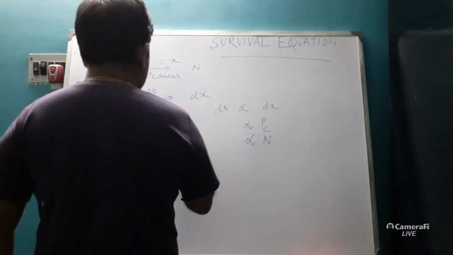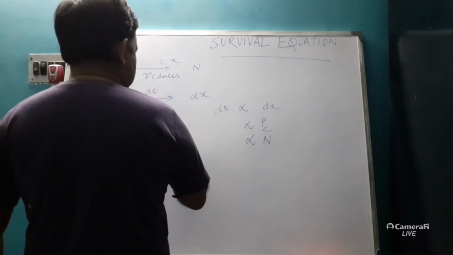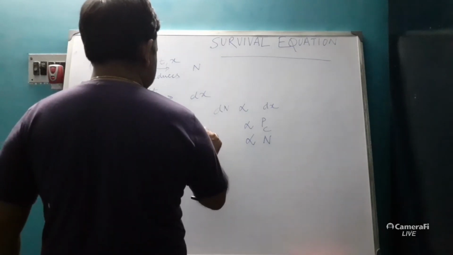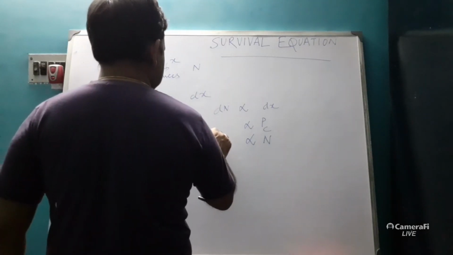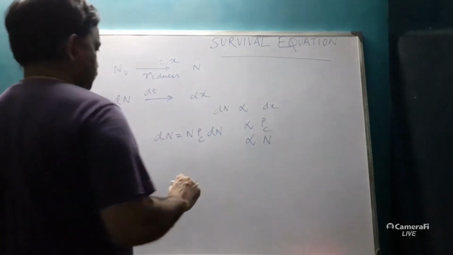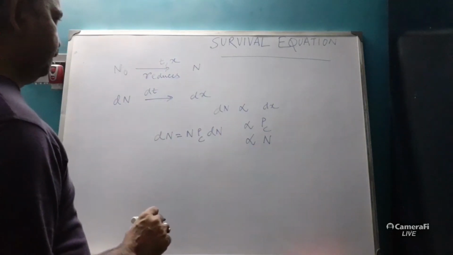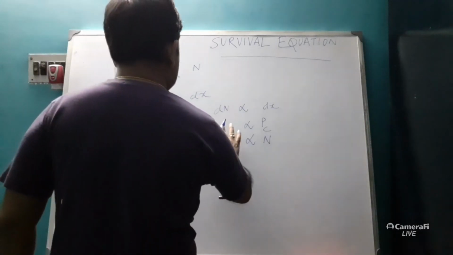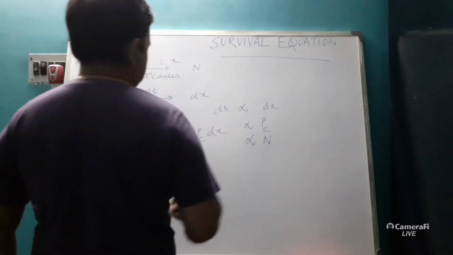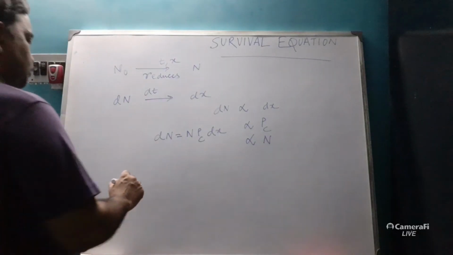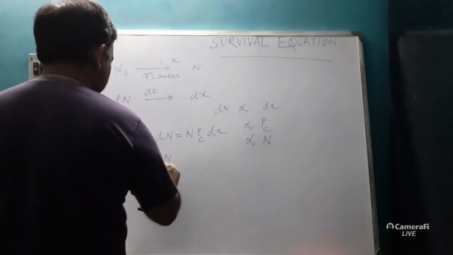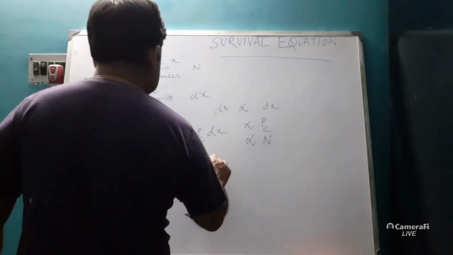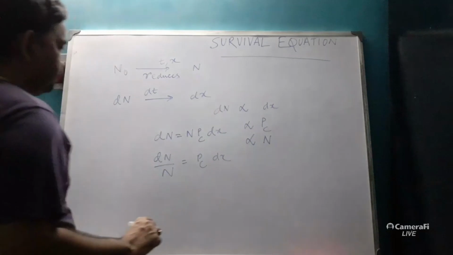So we write dn is equals to n pc dx. So we bring this dn over here and pc dx here.